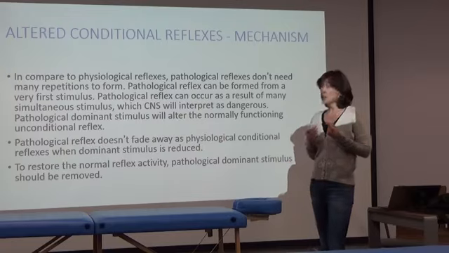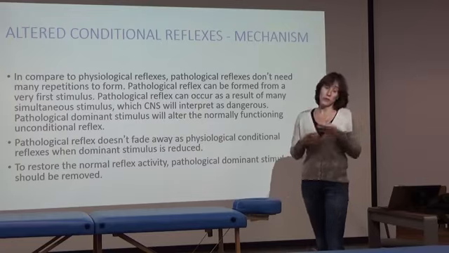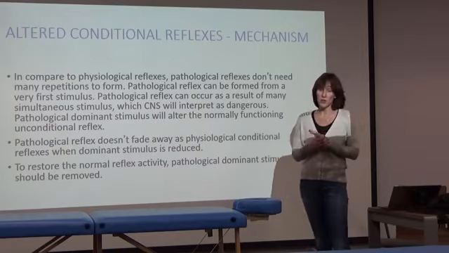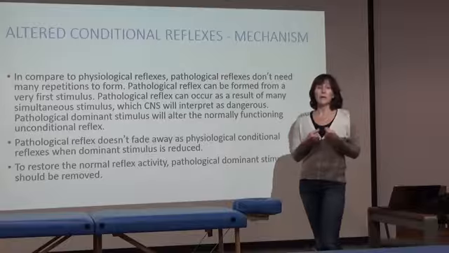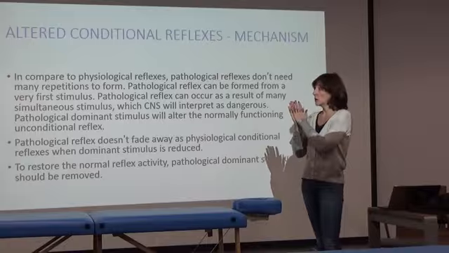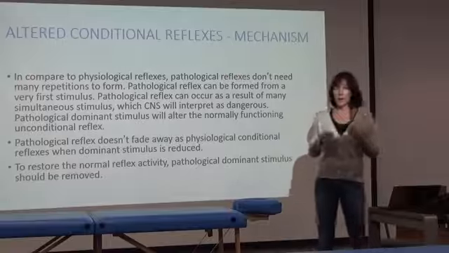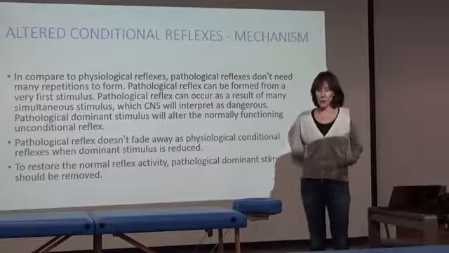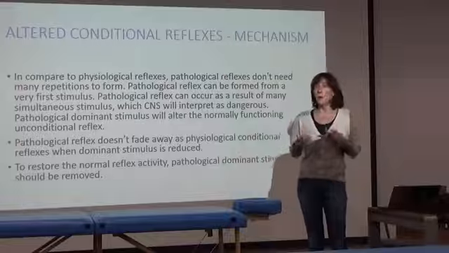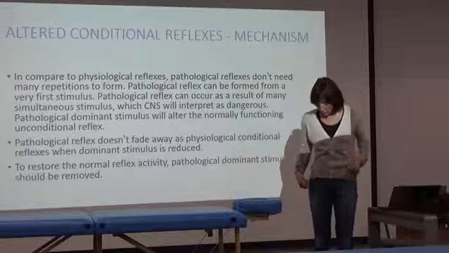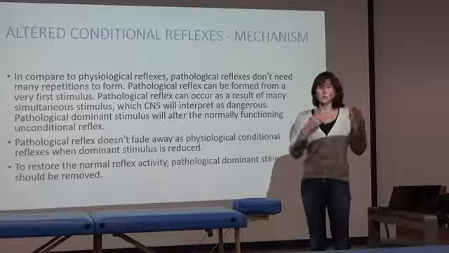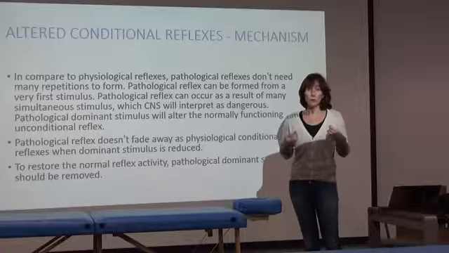If my reflex activity, in this case, for example, stretch reflex activity, is normal, and if I can be adapted to this dangerous stimulus, I will withdraw, and then I will come back, and all the muscles will start doing their job properly, meaning that they're not going to be over-contracted or over-relaxed. They're going to be normal muscles.